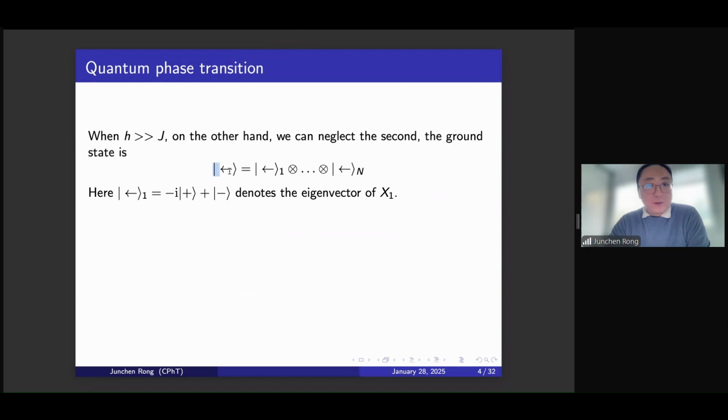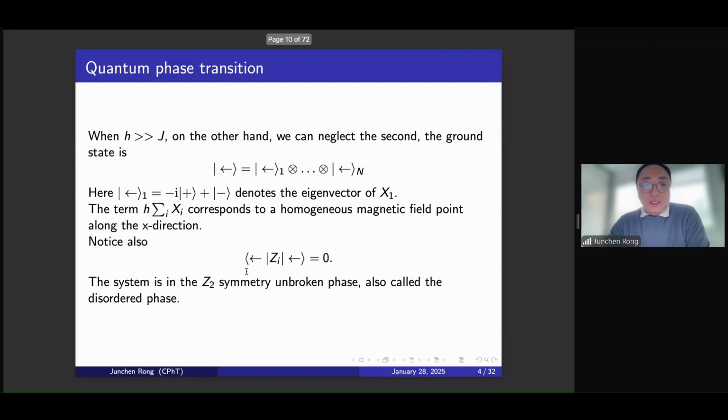Sorry, there are typos. The ground state is basically that of spins pointing along the x direction, and you can calculate the expectation value of your spin, which is 0. So from this, you see we are dealing with a system with symmetry breaking. As you change the transverse field h, you will start to see the symmetry breaking patterns.